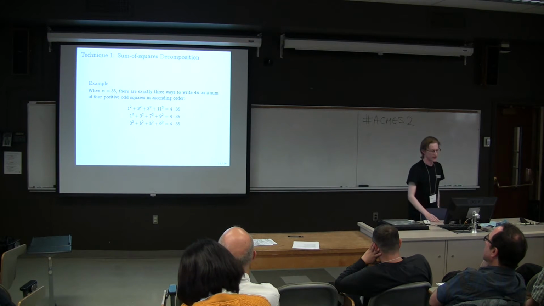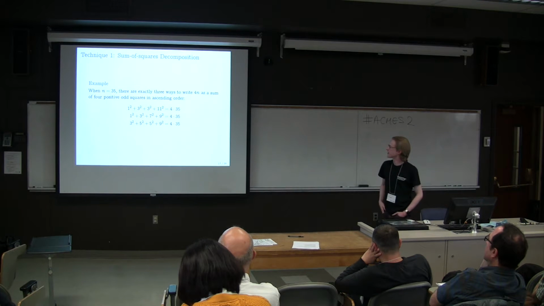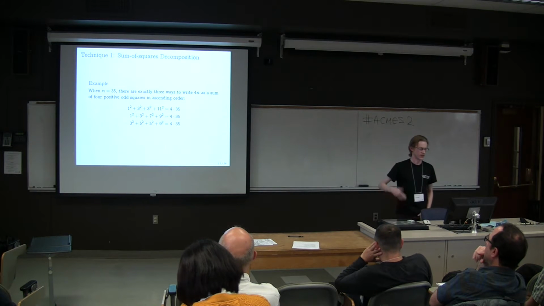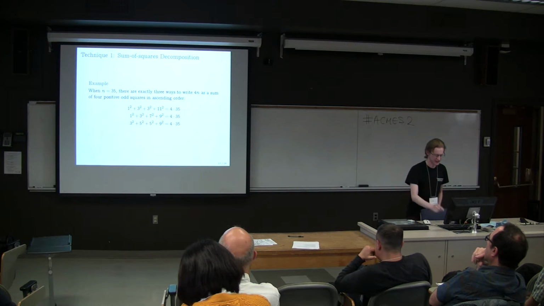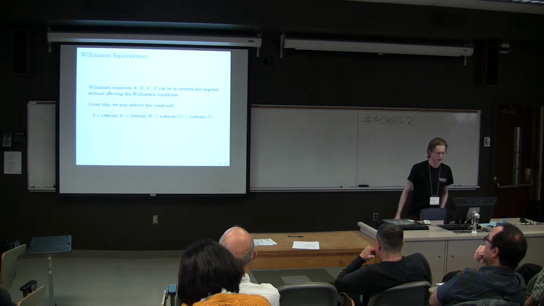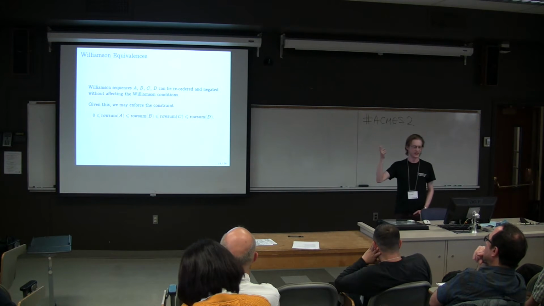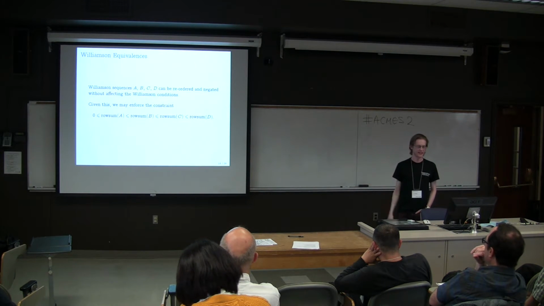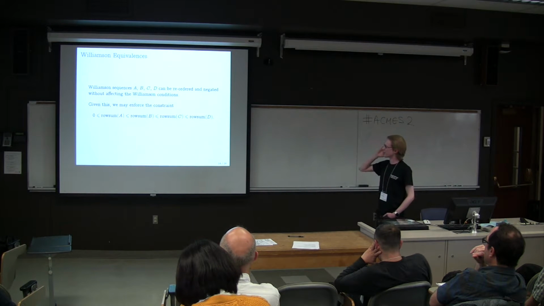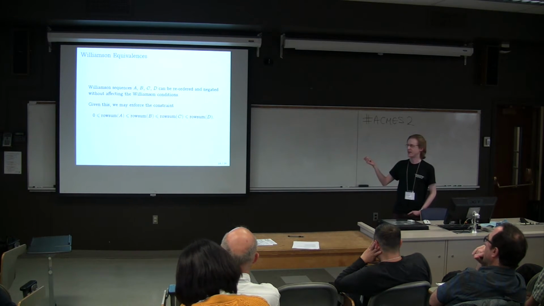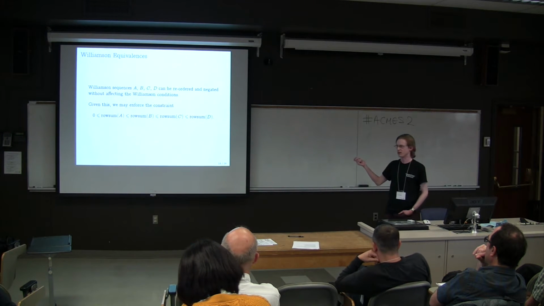All right, so an explicit example here, we have exactly 3 ways to write 35 as a sum of 4 squares. And they're explicitly given here. Which is not technically true, because there's a bunch of symmetries there, right? You can permute the entries, you can negate the entries. Actually, that's irrelevant, because you can do the same thing with the Williamson sequences, and then you just get another Williamson sequence, which is basically isomorphic.